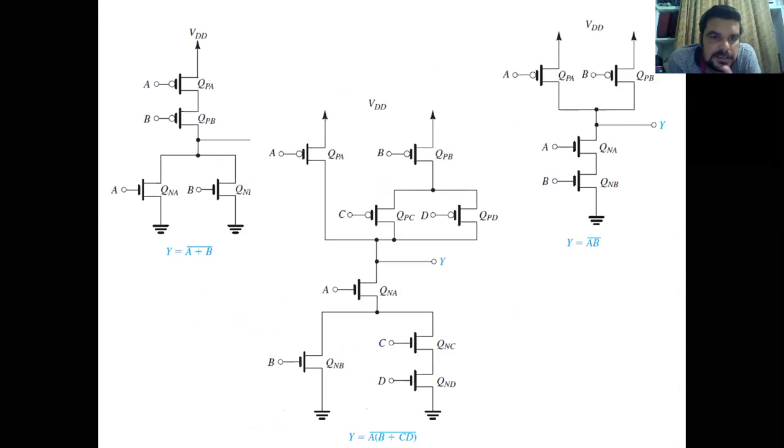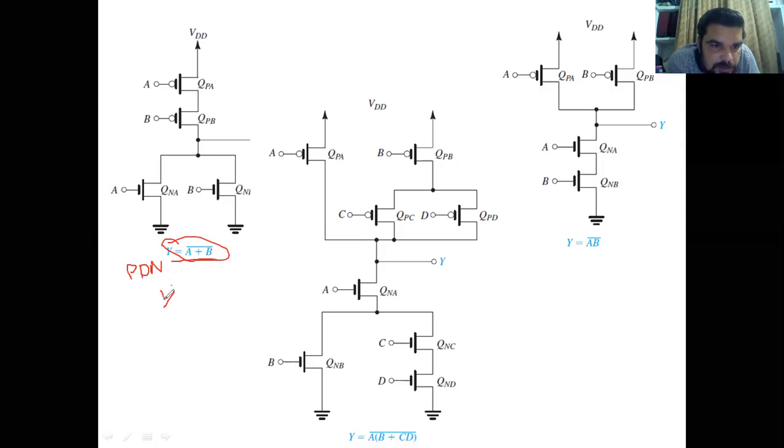Now let us consider this example. Y equals to, suppose we are given this combinational logic and we need to design this using CMOS logic. First you need to design the pull down network. For the pull down network, we know that this logic should be converted in the form y bar equals to this. So how can we convert it? We can take the complement of both sides.